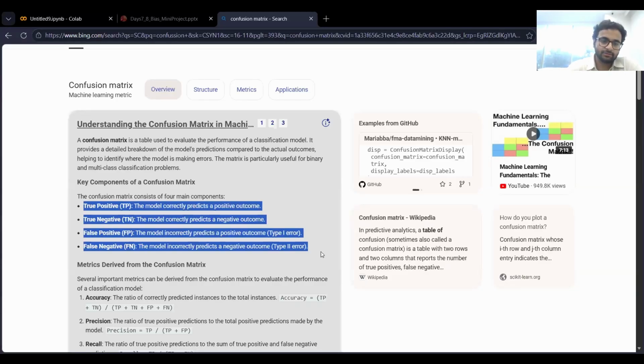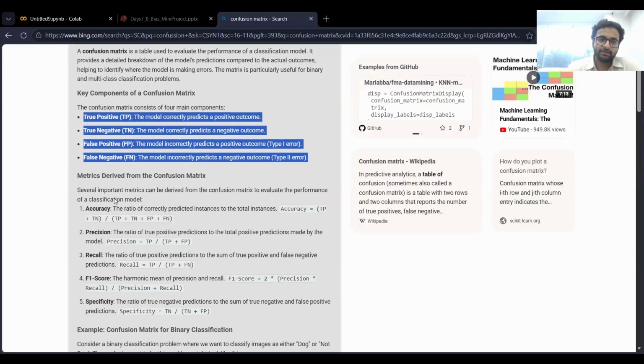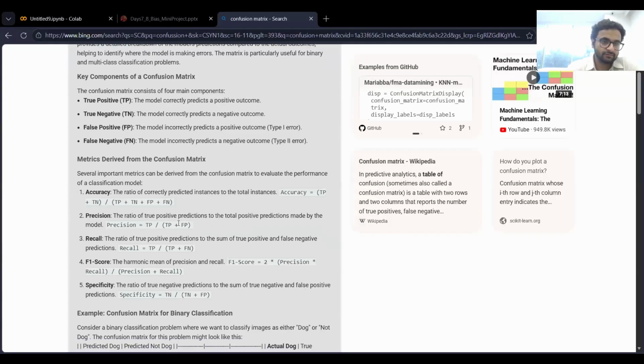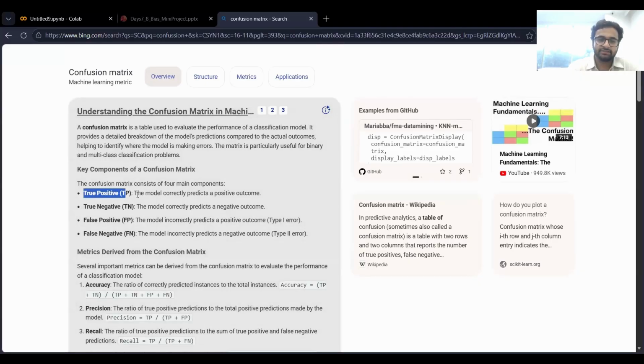All of these are dependent on these four values. Here the formulas are also given for accuracy, precision, recall, F1 score, and specificity. But for them, you need to first calculate these values from your testing data. You understand?